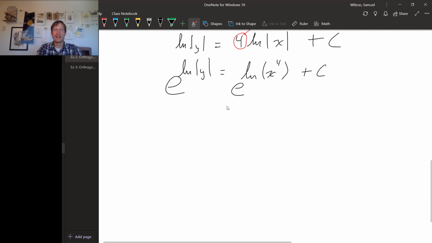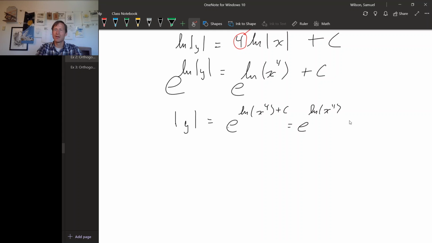Now we can exponentiate. We get absolute value of y is equal to e to the natural log x to the 4th plus c. As usual, we're going to split this up. So e to the natural log x to the 4th times e to the c, but we're going to rename e to the c a.